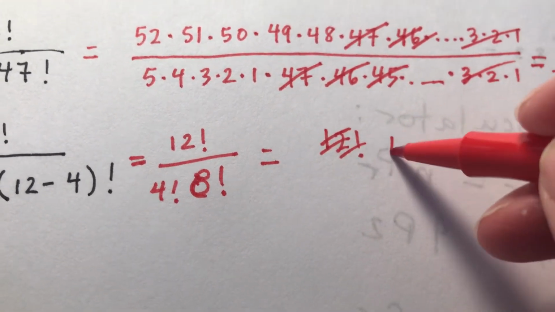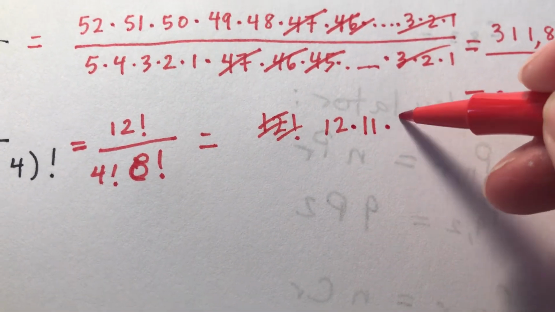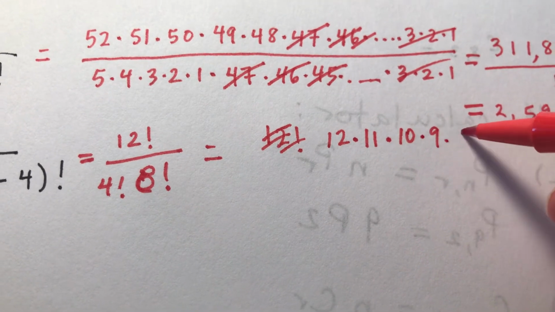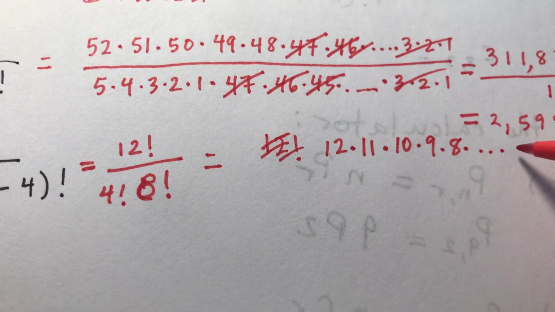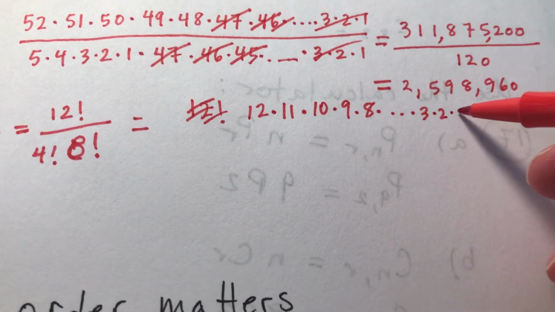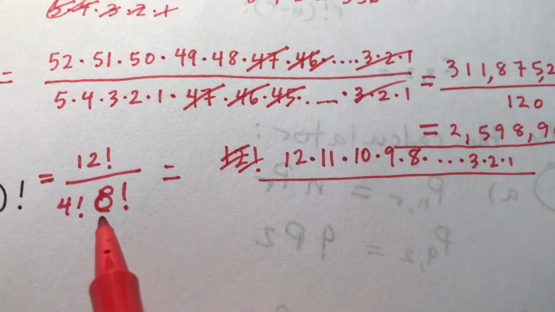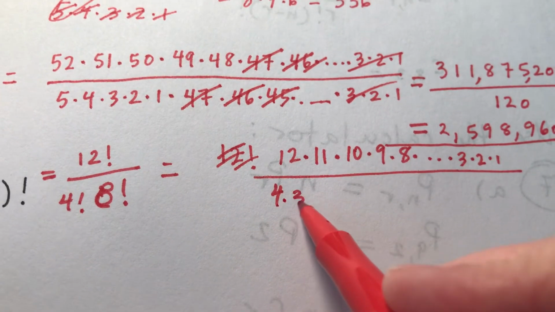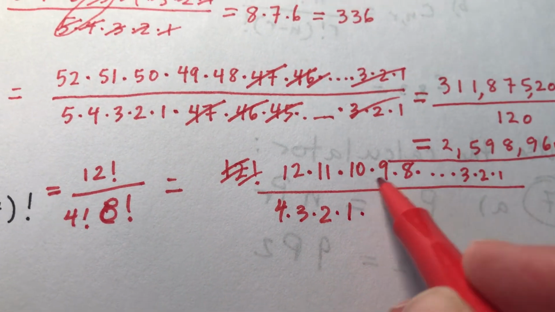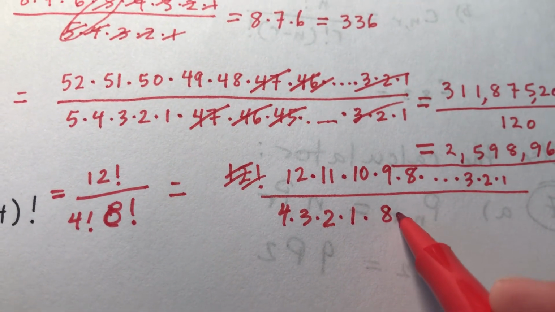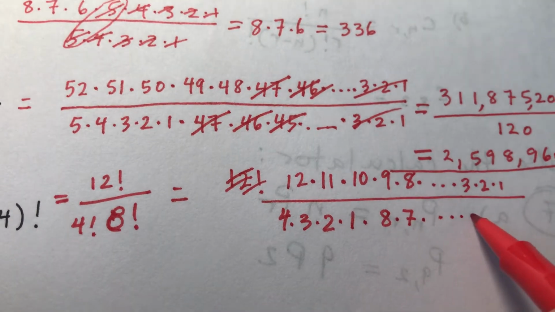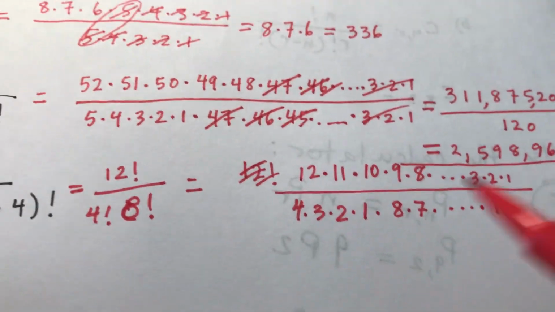12 times 11, 10, 9, 8, dot, dot, dot, all the way to 3 times 2 times 1. Over, and then 4 is 4, 3, 2, 1. And I picked 8 because I see the 8, 7, all the way to 1 here from my 8.